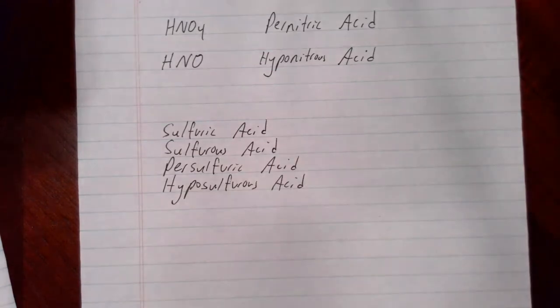First we recognize these are oxyacids because they don't have hydro in front. Only the binary acids have hydro in front. So the first thing I want to do is locate the ate polyatomic. I know an ate polyatomic corresponds to an acid ending in ic.